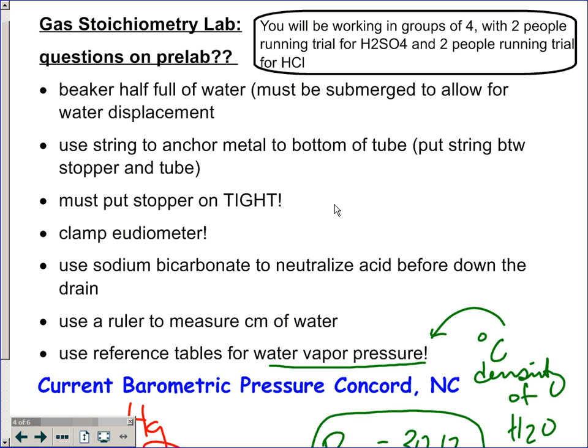Then remove whatever that is, and that way all the acid is removed from the eudiometer. Then put your acid back over here so other folks can use it.